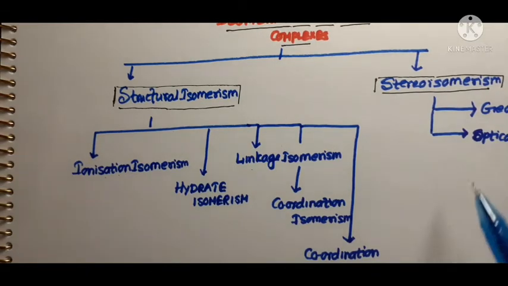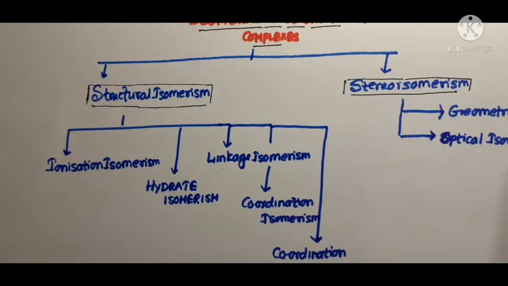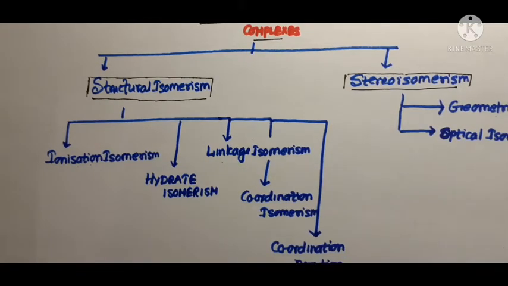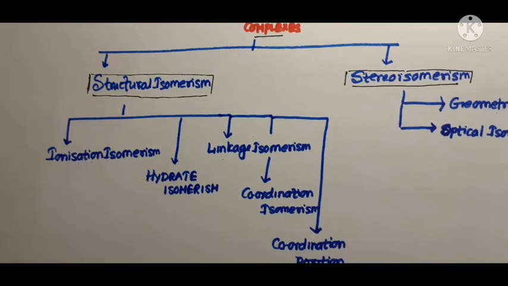Stereoisomerism is further classified into two categories, geometrical isomerism and optical isomerism. In this class, at first we will describe all the different types of structural isomerism, and thereafter in the next class we will discuss stereoisomerism in detail.